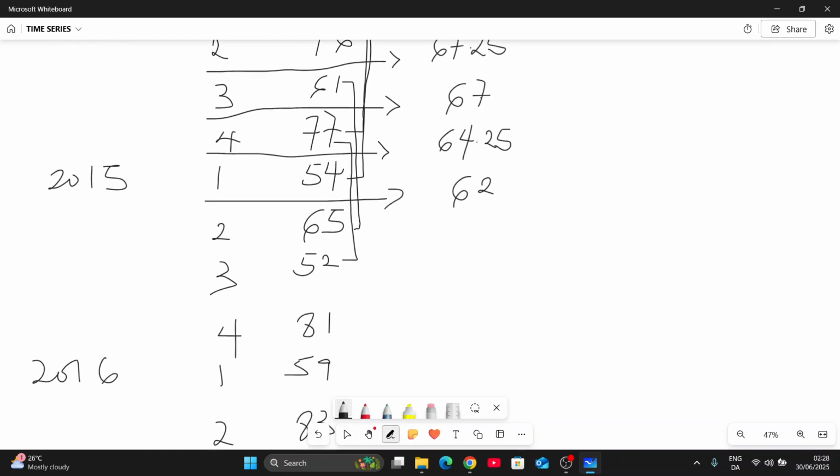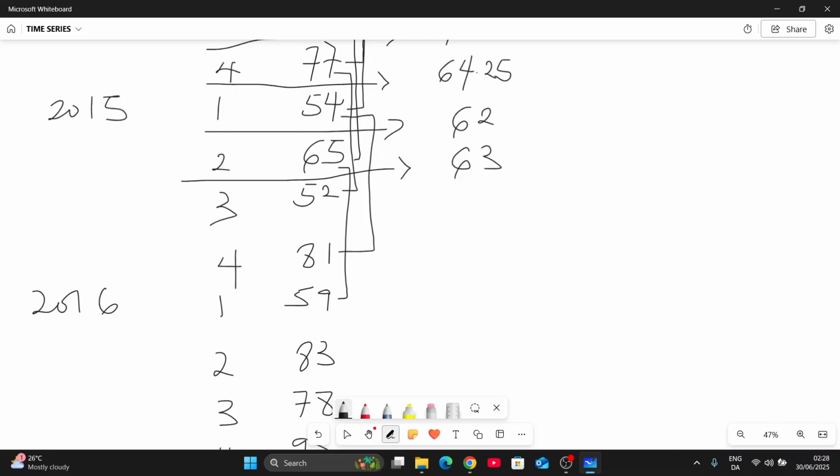Then from 54 to 81. 54 plus 65 plus 52 plus 81. And the average is 63. Also begin 65 to 59. 65 plus 52 plus 81 plus 59.